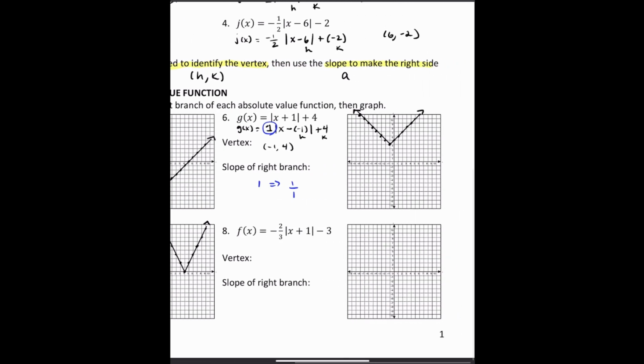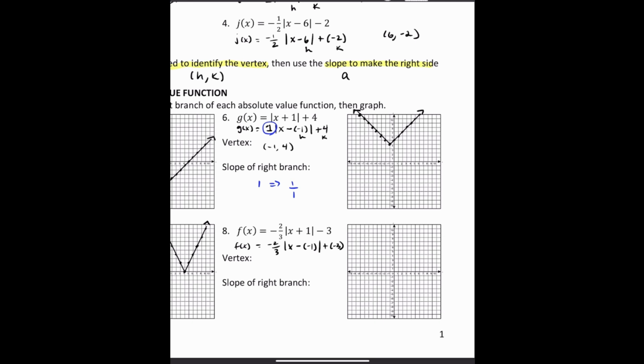Last problem for today. f of x is equal to -2 over 3 times the absolute value of x plus 1 minus 3. I'll rewrite this as f of x equals -2 over 3. And I see x plus 1, but I want x minus -1. And I see minus 3, I want plus -3.